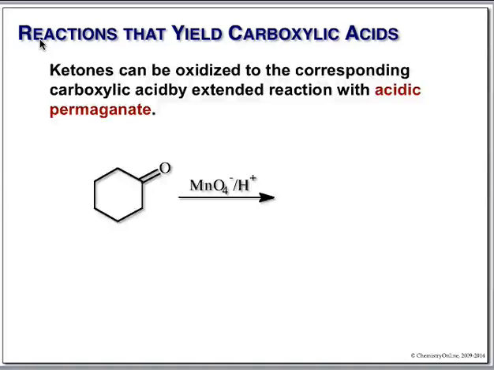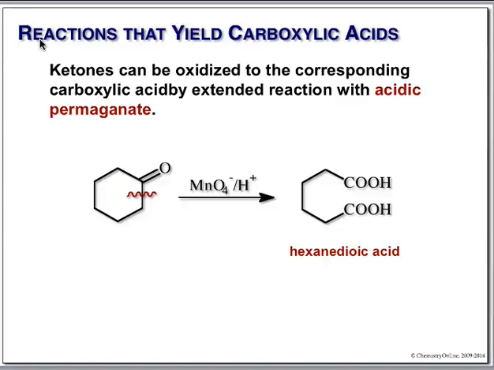But if you continue to heat it in the presence of acidic permanganate, you actually split the carbon-carbon bond that's adjacent to the carbonyl. So let's just split it here. And when we do that, both of these carbons wind up as carboxylic acids. This is hexanedioic acid. We will use that later this semester to make nylon. So industrially, this is an important thing.